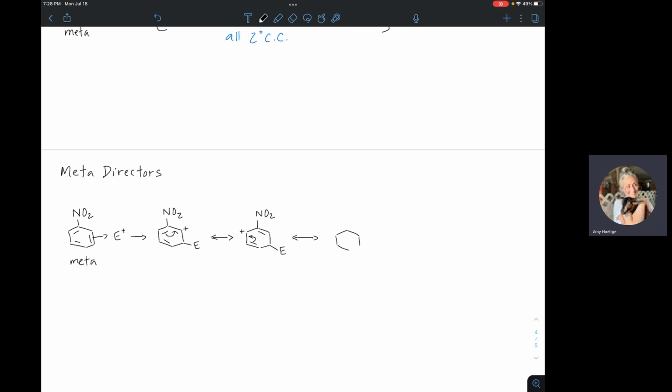Or you could have an acyl group which would have a partial positive charge. So if you direct this to the meta position, you get at least one carbocation.